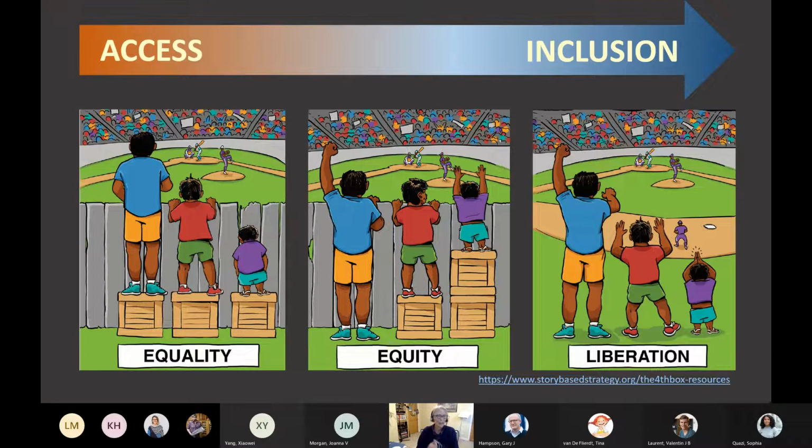And just before I get going, I want to clarify how I'm using the terms access and inclusion, because they're often used interchangeably, but they do have subtly different meanings, particularly in an educational context. When we talk about accessibility, usually we're referring to making accommodations or adjustments to an activity that already exists.